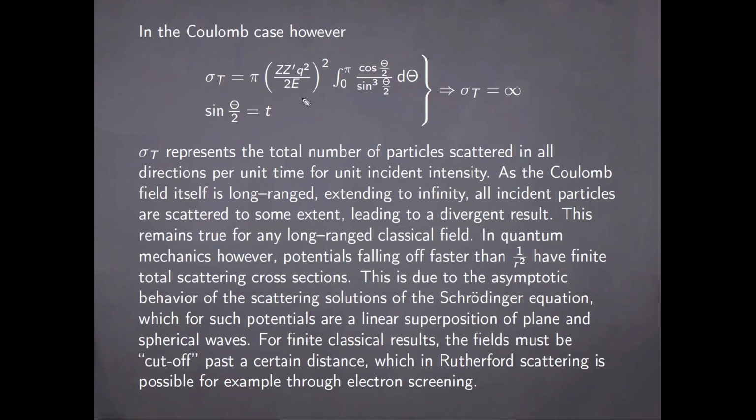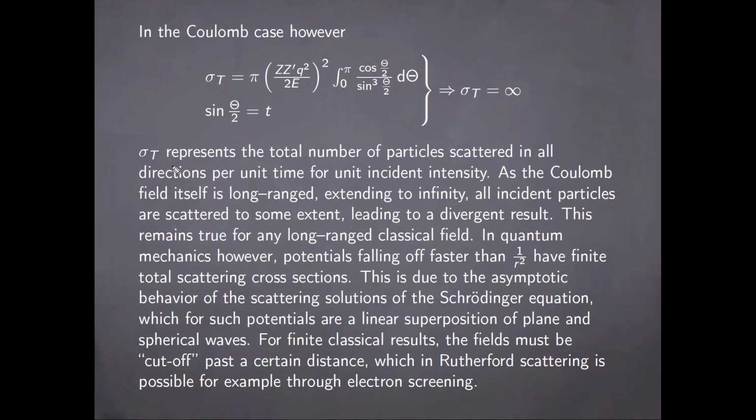If we were to perform the same calculation in the case of the Coulomb field, in order to obtain the total cross section, we would have to evaluate this integral, which is done in a simple manner through the change of variables here, but we discover that it leads to a divergent result, namely an infinite total cross section.